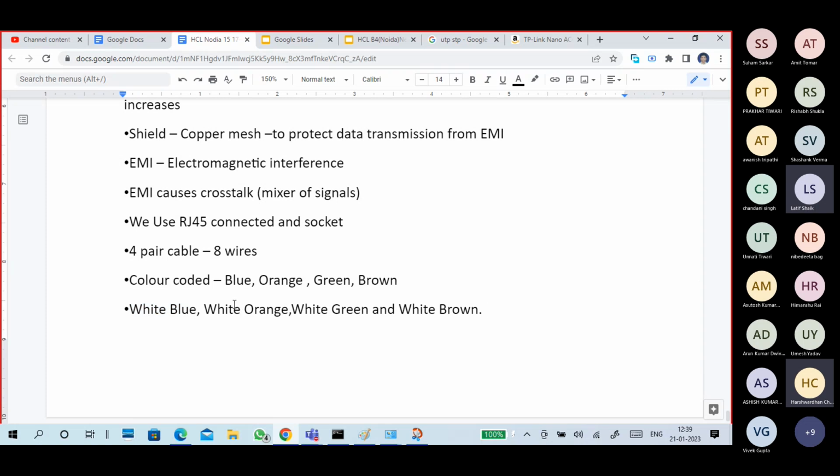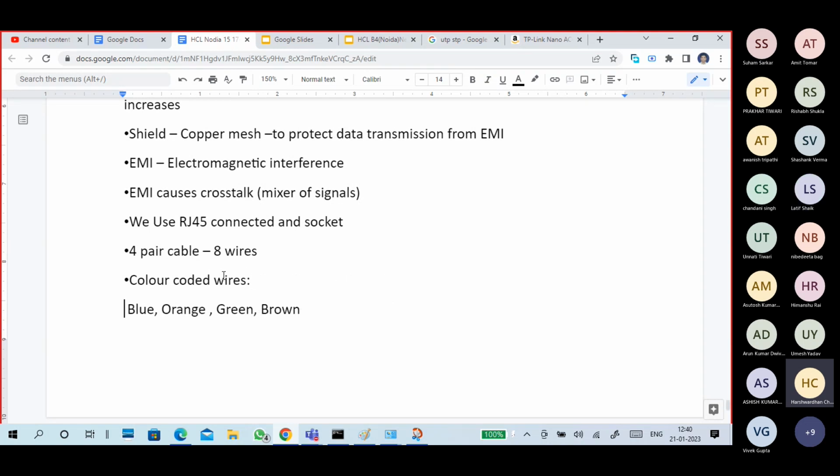So for you, I'm going to change this part. There are color coded wires like this. Very important are the two colors of wires, that's why I'm writing those first. One is orange, another one is green.